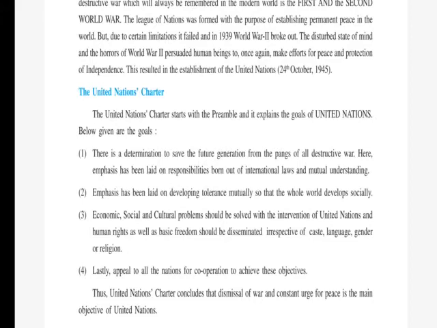Economic, social and cultural problems should be solved with the involvement of the United Nations, and human rights. And lastly, all the nations are appealed to cooperate to achieve these objectives. The United Nations Charter concludes that dismissal of war and a constant urge for peace is the main objective of the United Nations.